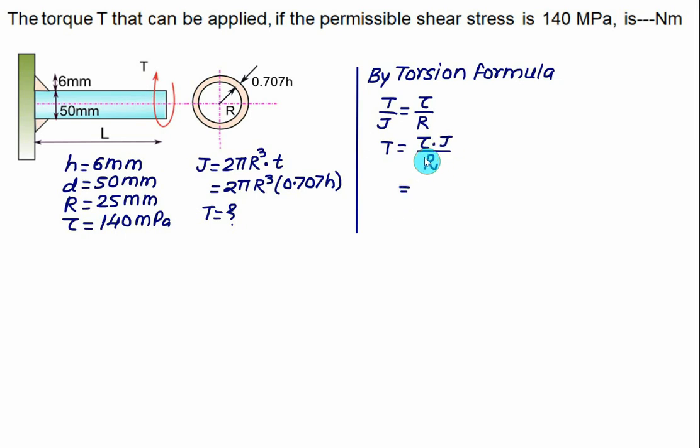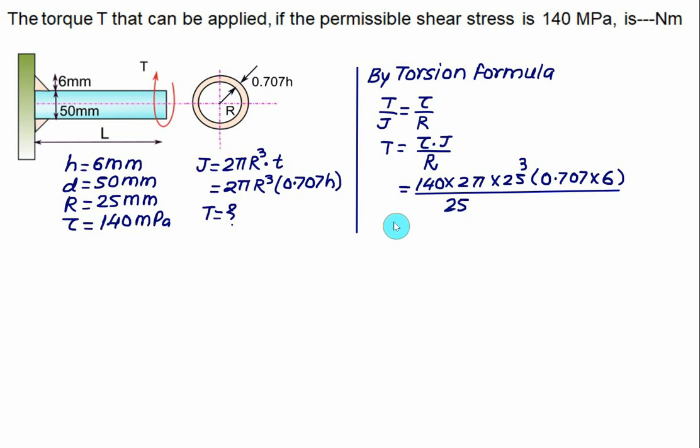Shear stress is equal to 140 megapascal. Polar moment of inertia is 2 pi, radius of the shaft is equal to 25, so we have 25 cube, multiplied by 0.707 times the leg size h, which is equal to 6, divided by the radius of the shaft, which is equal to 25.